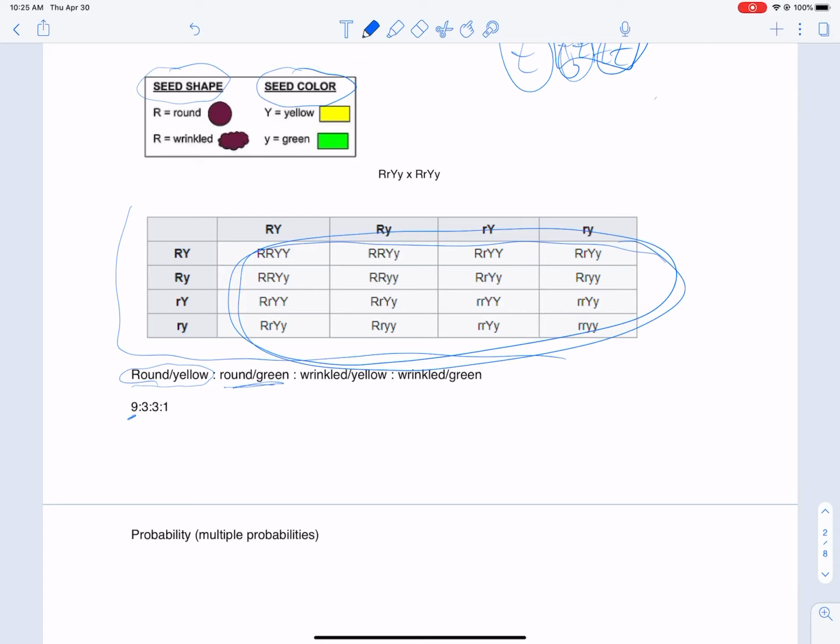Or round green is 3 out of 16. Or wrinkled with yellow is 3 out of 16. Or wrinkled with green is 1 out of 16. Okay? So the probability, if I mate these two together, that the first seed, it'll be 9 out of 16 for this, or 3/16, 3/16, and 1/16.